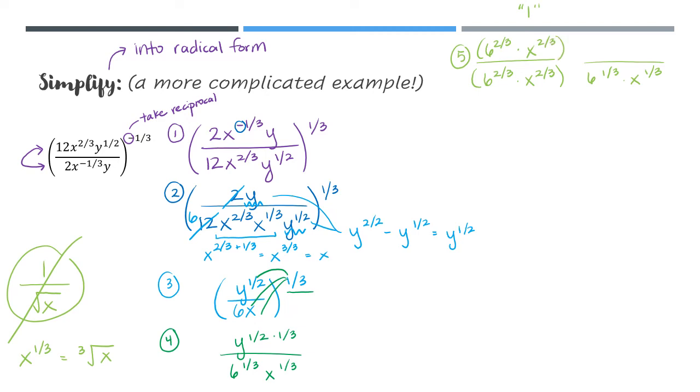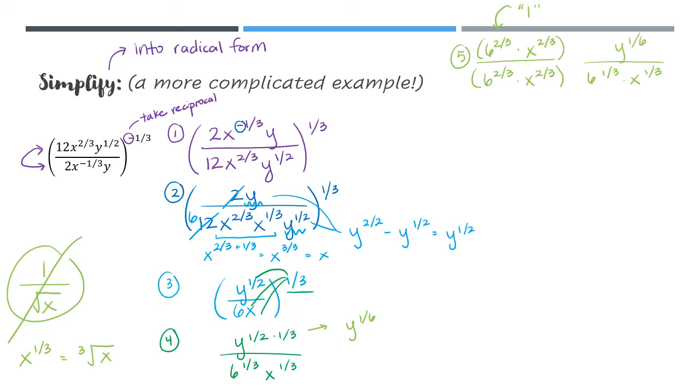Now, what exactly is that numerator? That numerator is y to the 1/2 times y to the 1/2 times 1/3. That's the same thing as y to the 1/6. Again, we're multiplying those exponents together. So we get y to the 1/6.